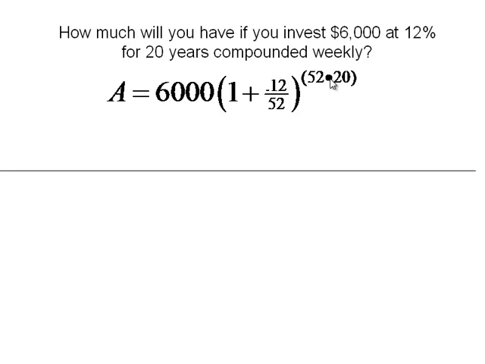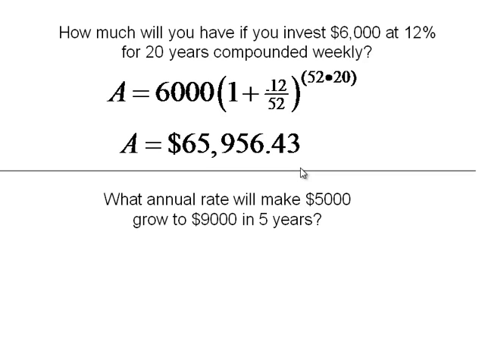Then 52 times 20. It's really important. 6,000, open parentheses, 1 plus 0.12 divided by 52, close parentheses. Then you type a caret for a power, open 52 times 20. I come up with 65,596.56, or 956 if I did that right.